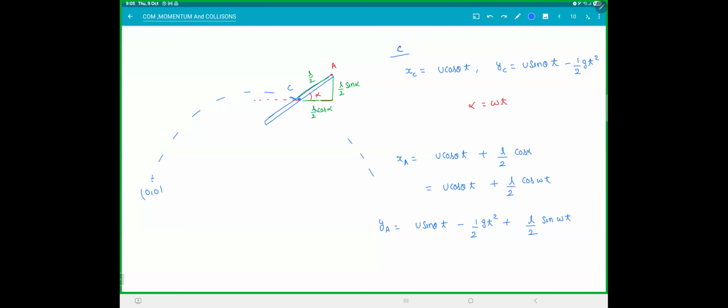They can ask you a question something like, find the maximum acceleration of point A or find the minimum acceleration of point A, or acceleration of A at time t.